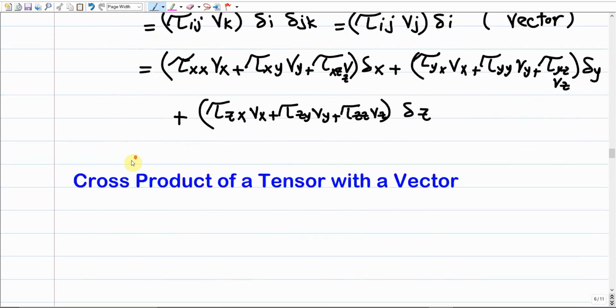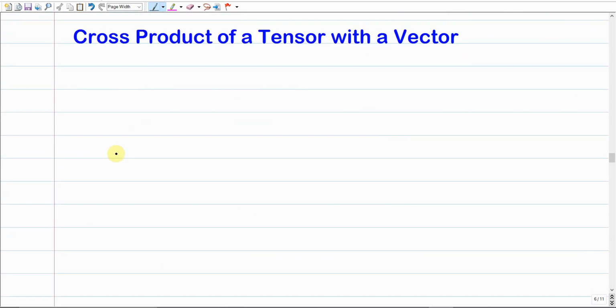Make sense? Now let us move to the cross product of a tensor with a vector. Let us assume that we do have a tensor tau cross product v. So what we're gonna end up with, I'm expecting that we're gonna end up with a tensor, but let us prove this.